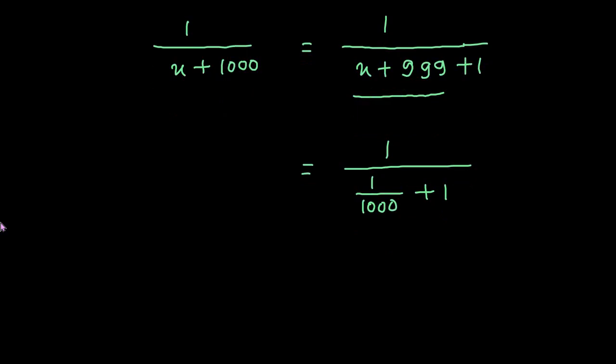Next we can simplify and write 1/((1+1000)/1000).